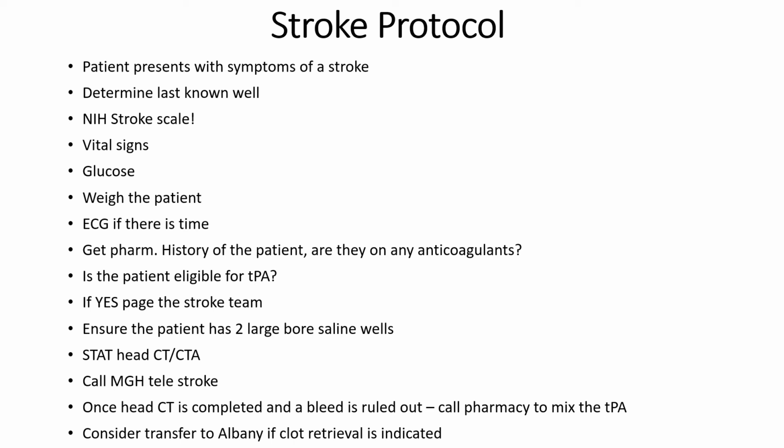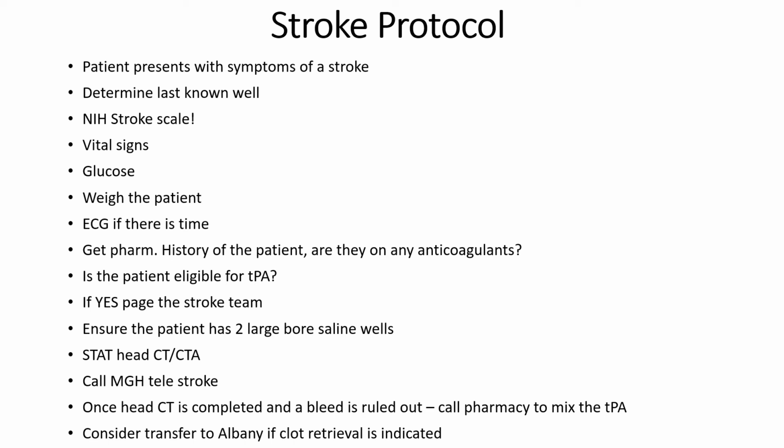BMC has a fairly new system that calls out to Mass General. It's called our telestroke team. So we actually have one of those computers on wheels. We call the telestroke Mass General, and a doctor actually appears on the screen of the computer, and we'll do the NIH stroke scale in front of that doctor on the computer, and he actually kind of tells us what to do from there, okay?